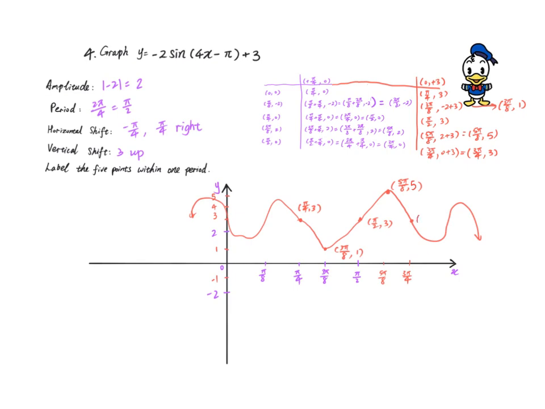And the last point is 3 pi over 4 and 3. Perfect. We've completed everything, and we also answered the question that they want us to label the 5 points within one period. So that's it.